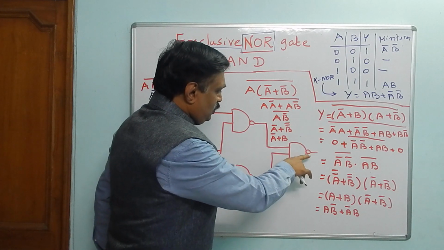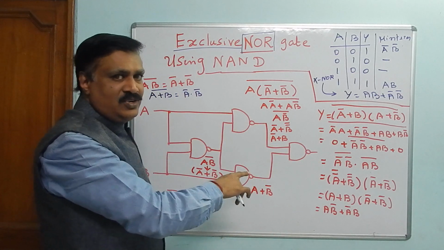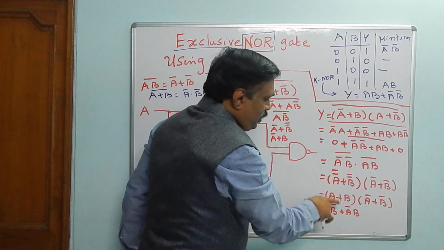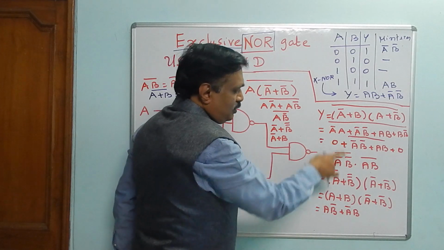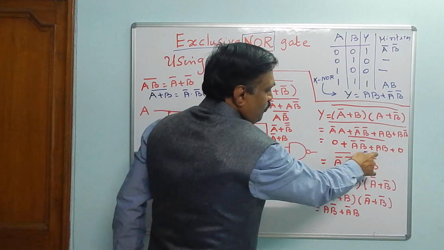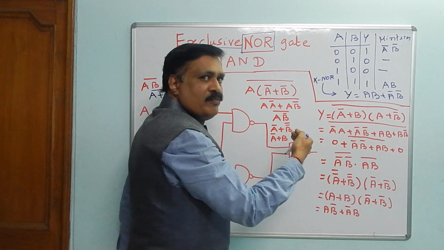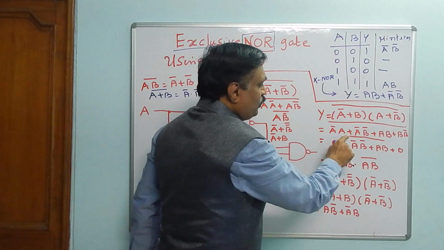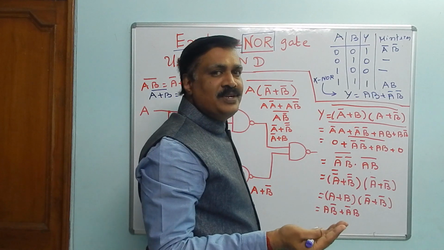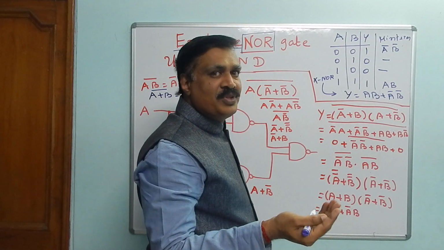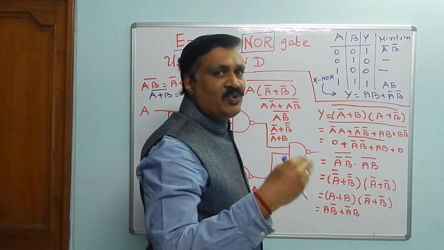You got this term here for these 4 NAND gates, and you are simplifying and getting this expression. Now this term will be generated if you remove this complement. Removing complement means simply putting a NOT gate.